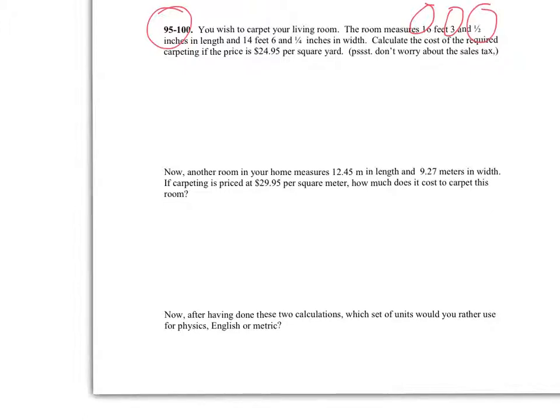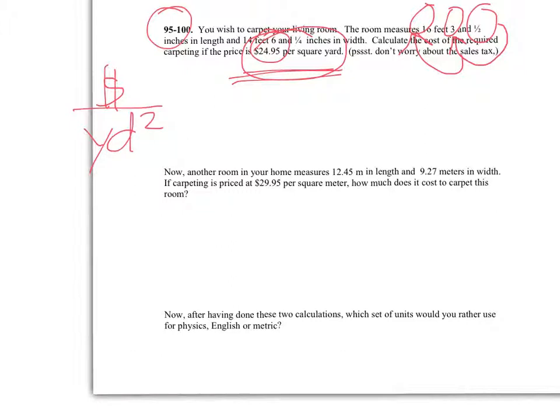So you're going to have to convert your fractional inches into inches, and then your inches into feet, and then convert into dollars. Remember that they're looking for the price. So this right here, price per square yard, is a conversion factor. The conversion factor is dollars per yard squared or per square yard.